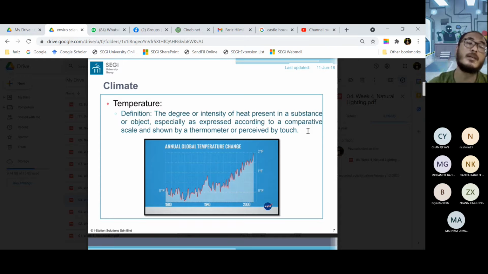Temperature. This is one of the components in the climate. The definition is the degree or intensity of heat present in a substance or object, especially as expressed according to a comparative scale and shown by a thermometer or perceived by touch. Meaning that if you touch an exposed steel railing in the balcony, the steel railing will be hot, right?